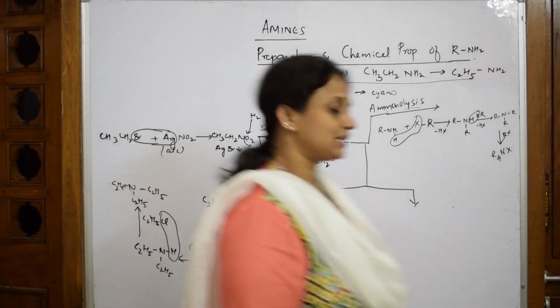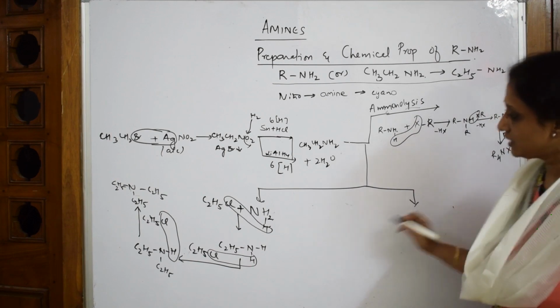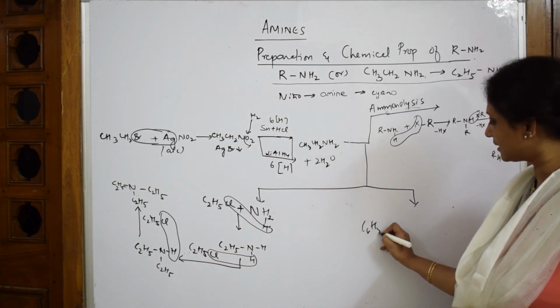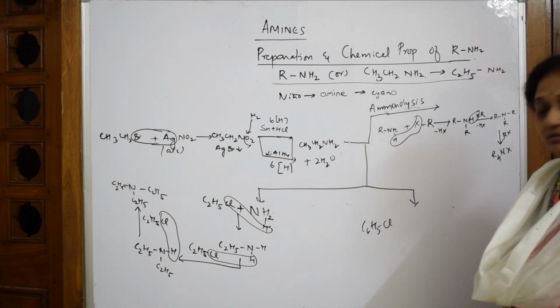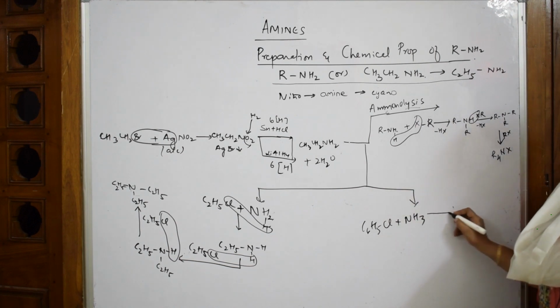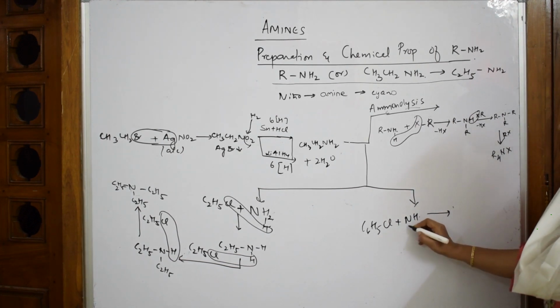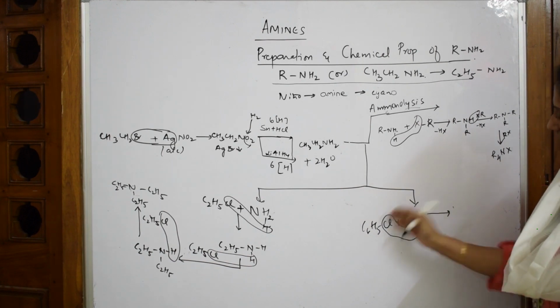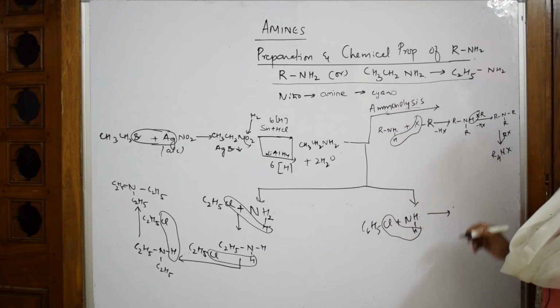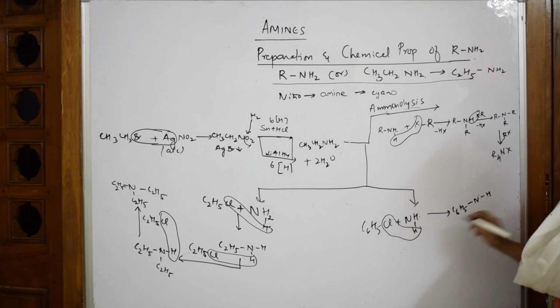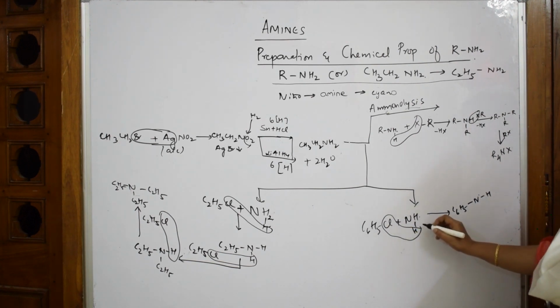Now let us take one more. Here, what did I take? I took alkyl halide. Now if I am going to take aryl halide, C6H5Cl. Same story, aminolysis. You are going to take out hydrogen, first hydrogen out. Every time ammonia is adding to alkyl halide, that is your aminolysis. Okay, now C6H5, N, your hydrogen is one side, HCl has come out. Yes, done.